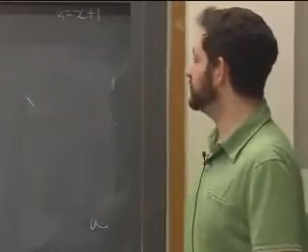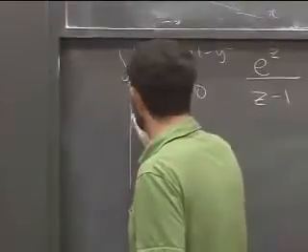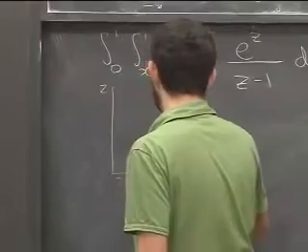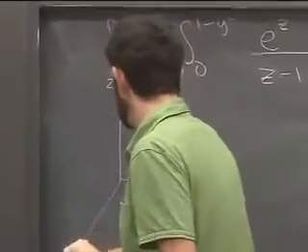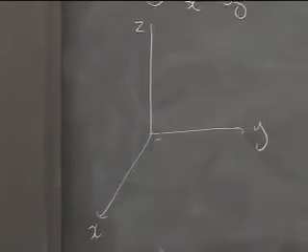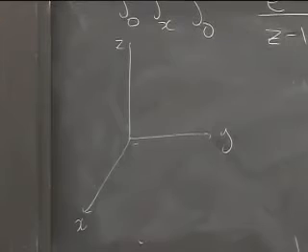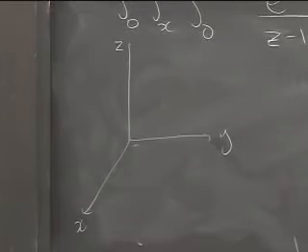So we're going to draw the thing. So here's how I'm going to draw it. There's z, y, x. According to this, x is going to go from 0 to 1.